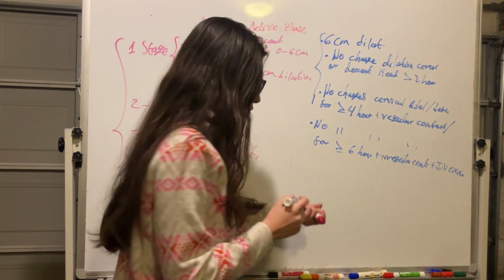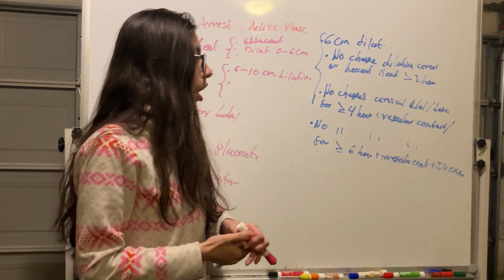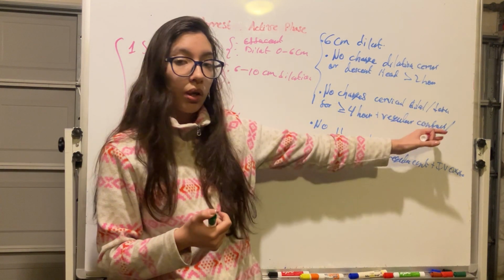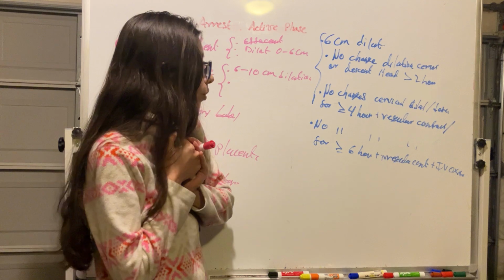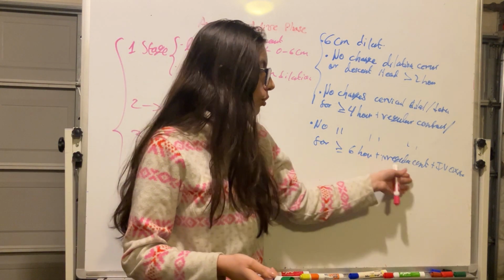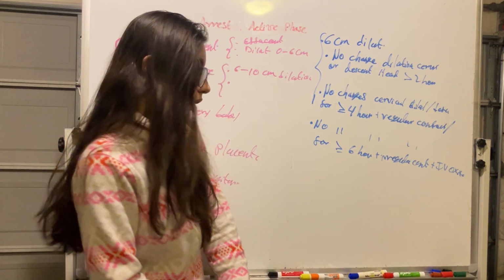So basically, no changes in cervical dilation or fetal head descent for more than 4 hours with good regular contractions, or for more than 6 hours with irregular contractions, where the patient should already be on IV oxytocin.